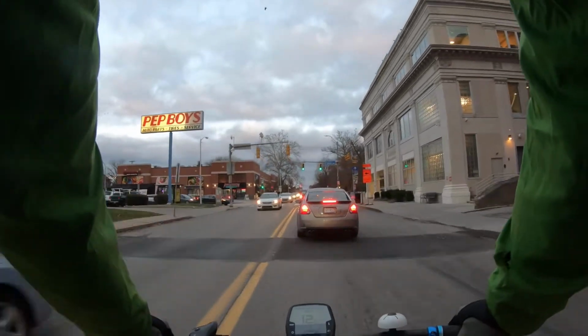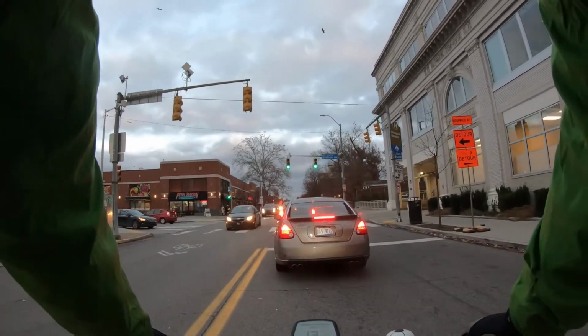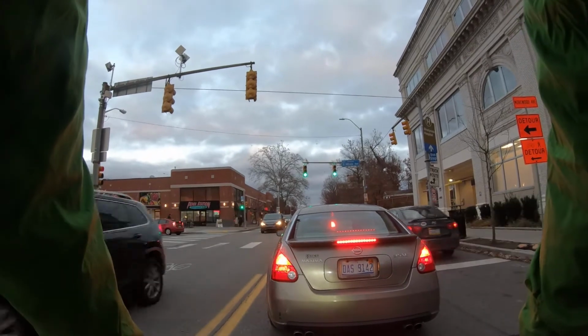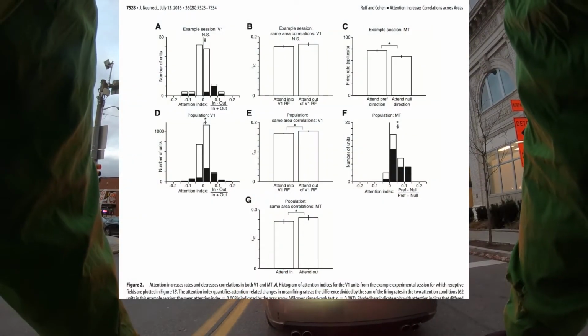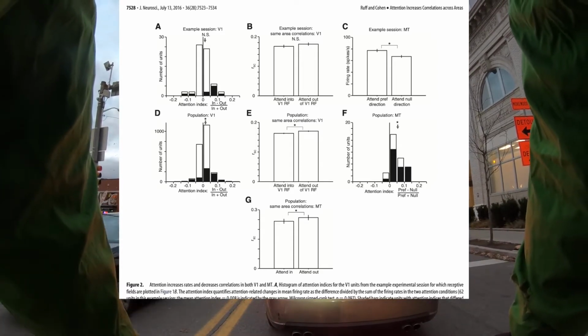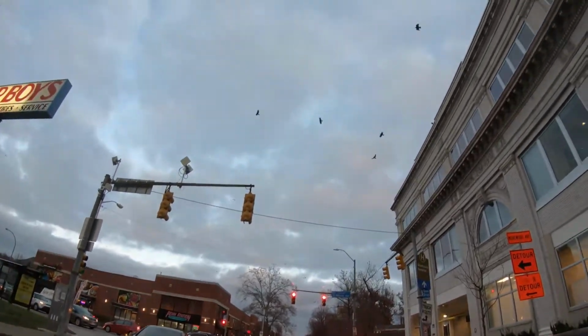So that's pretty cool. It's worth noting that in the example that they show for V1, there isn't a significant increase due to attention, but when they look at the population as a whole, I think that's A versus D, the population as a whole reveals the increase in firing rate during attention.